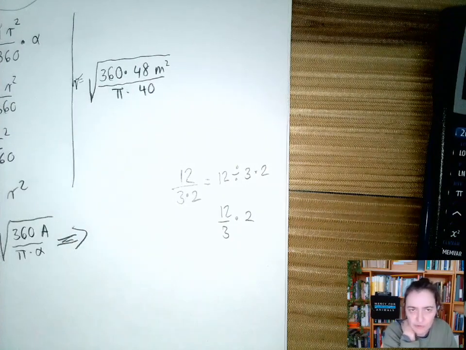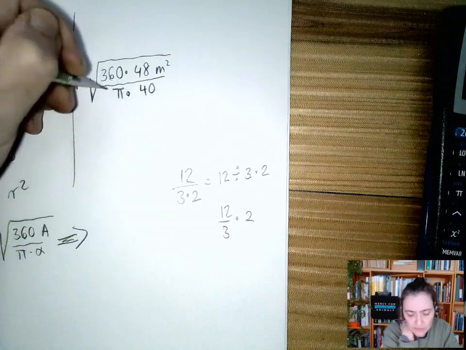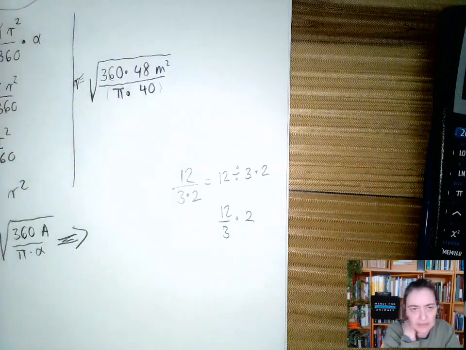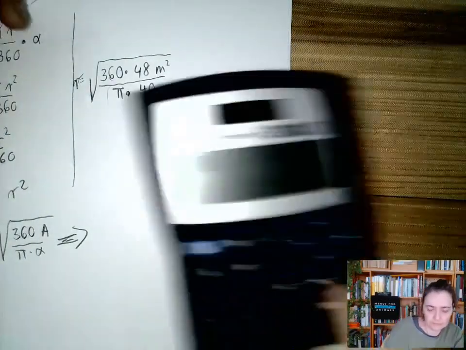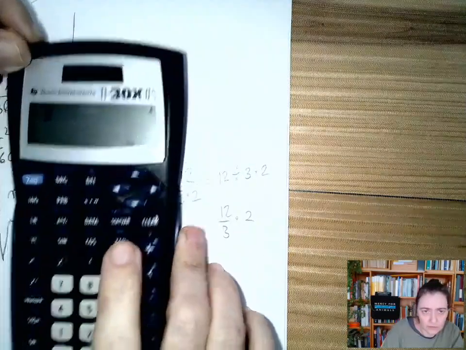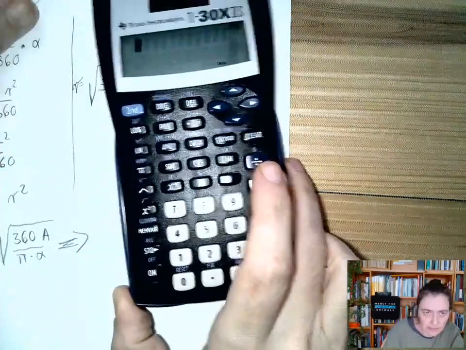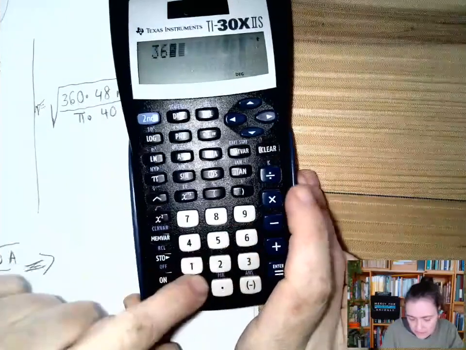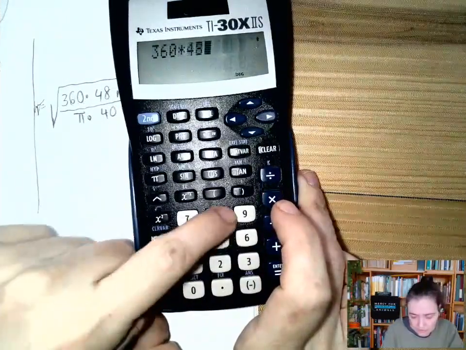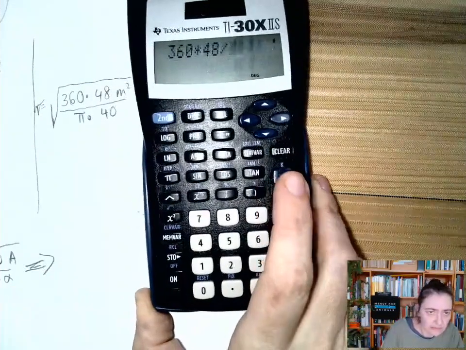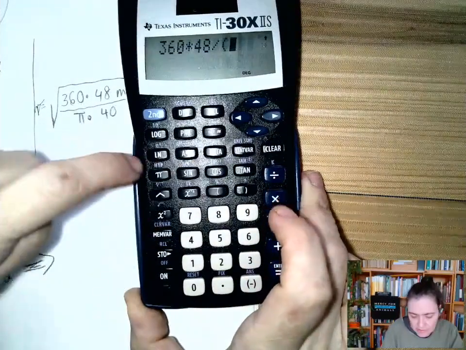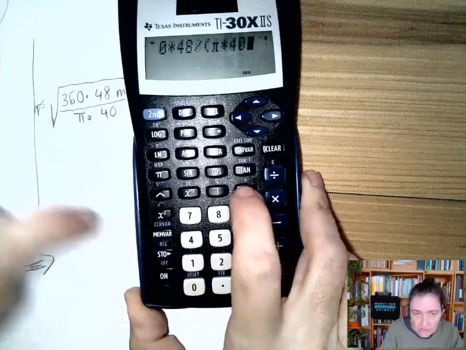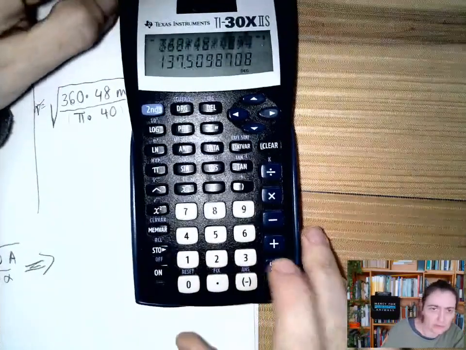There are two ways to avoid that. You can put a parenthesis around 40 pi. So you can say 360 times 48 divided by, and you open a parenthesis and say pi times 40.